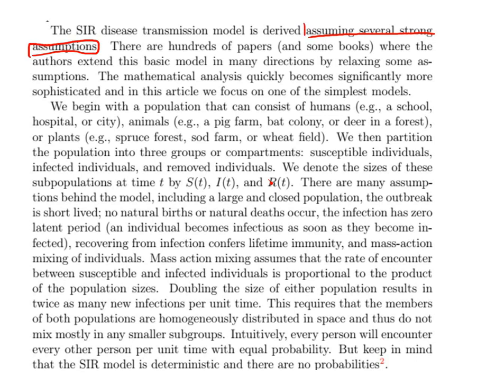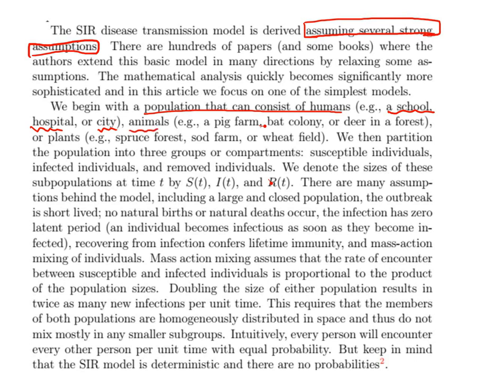By strong, we are emphasizing that they are being realistic, like we are talking about a population that consists only of humans, at a school, maybe at a hospital, or in a town or city, or animals, maybe.